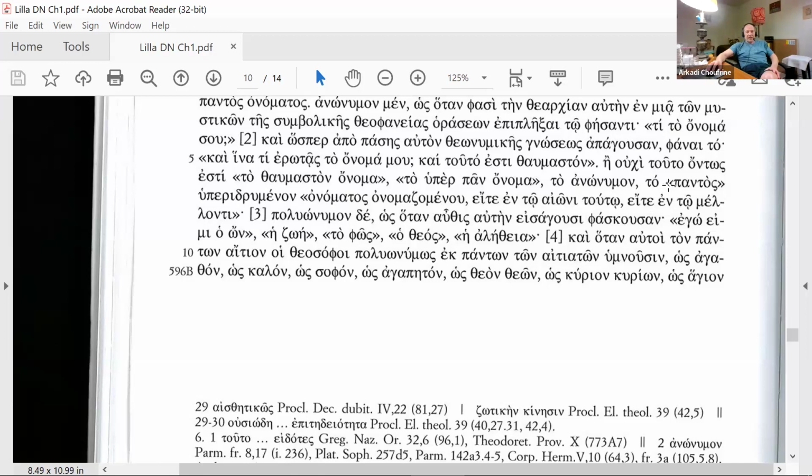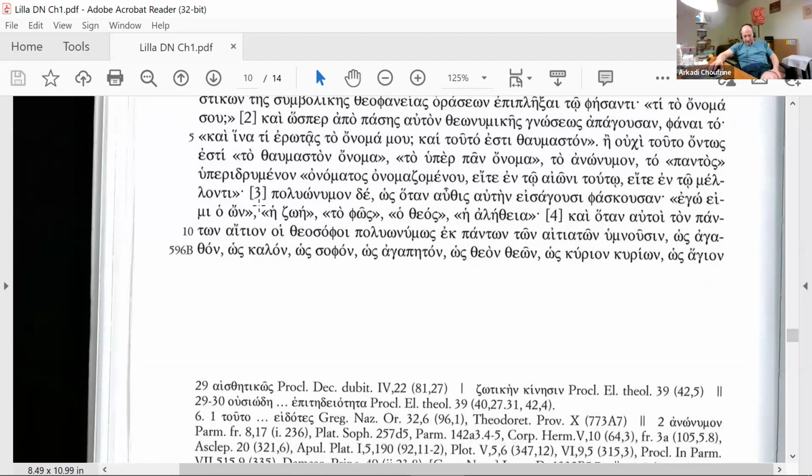I don't remember exactly what Paul says, but clearly, if it is out of quotation marks, it's kind of his own twist on this.